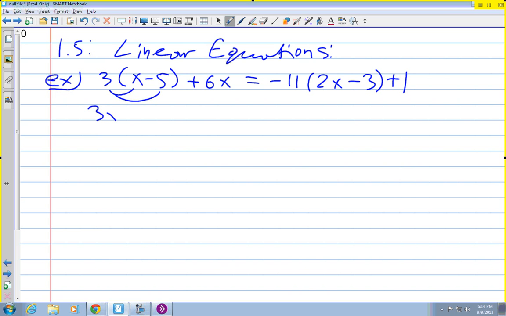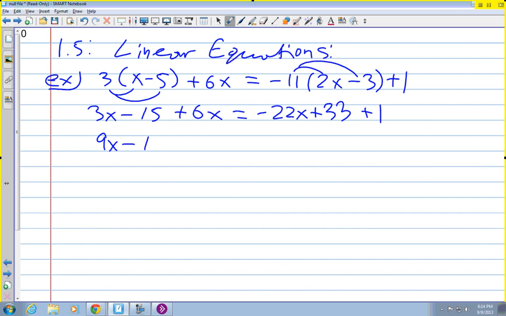Distribute: 3x minus 15 plus 6x equals, distribute that, negative 22x plus 33 plus 1. Combine like terms. So 9x minus 15 equals negative 22x plus 34.